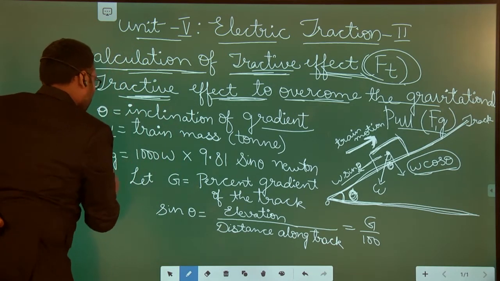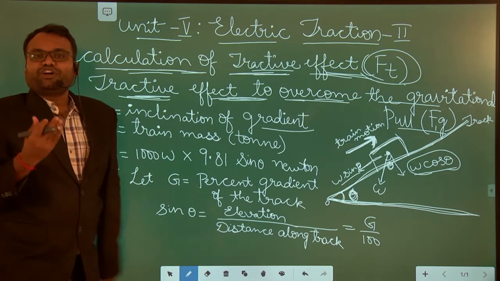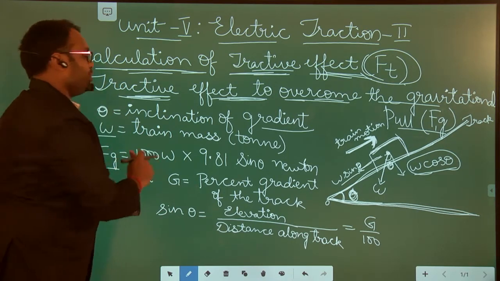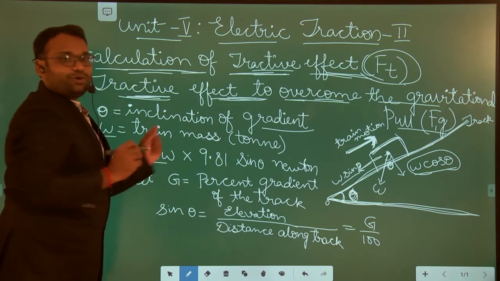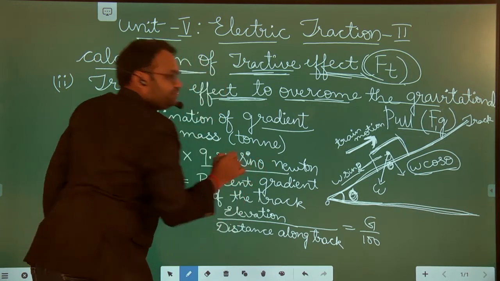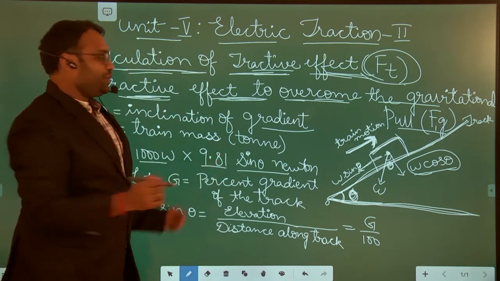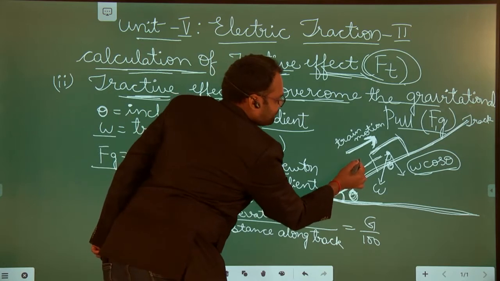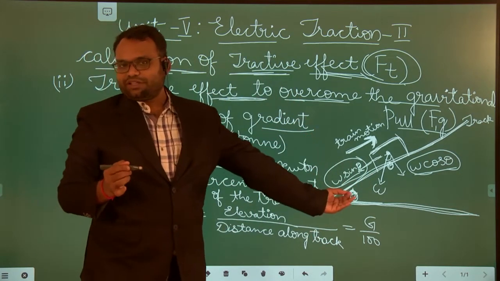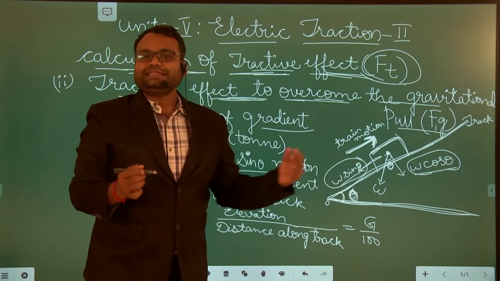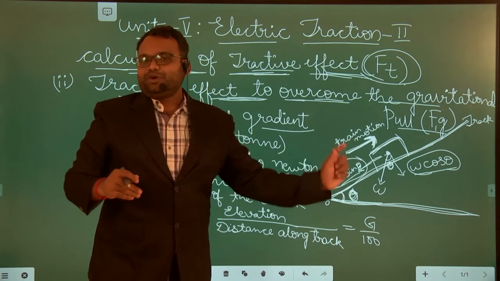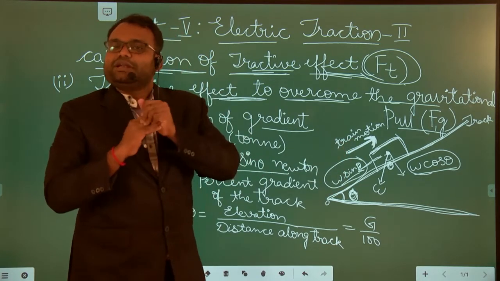The tractive effort to overcome the gravitational force can be given as Fg equal to 1000 into W multiplied by 9.81 into sine theta, because it has to overcome the gravitational force. By resolving the components, W sine theta acts opposite to the direction of the train, whereas W cos theta acts perpendicular to the train motion.